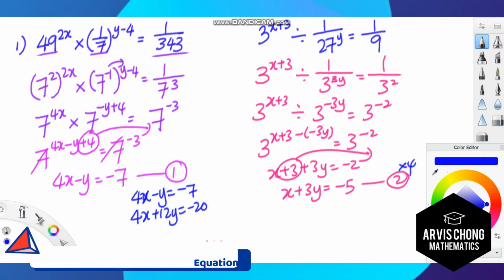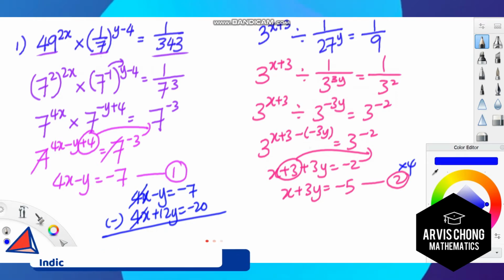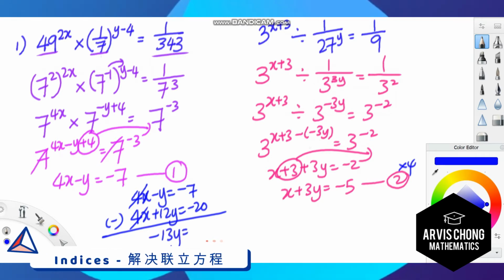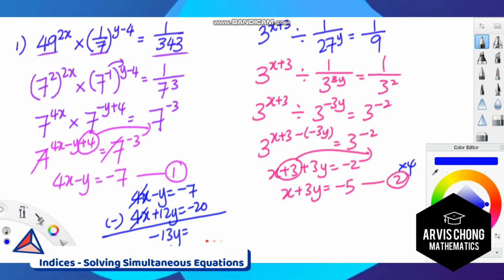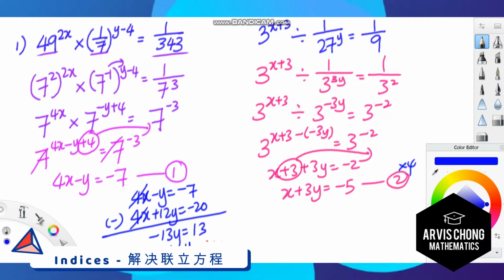Next we can just subtract, so we put minus there, and negative y minus positive 12y will give us negative 13y. And this part, negative 7 minus negative 20 will give us negative 7 plus 20, which is 13, and hence our y is negative 1, right?